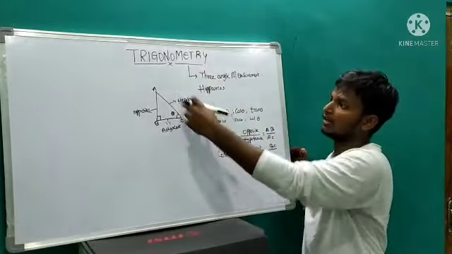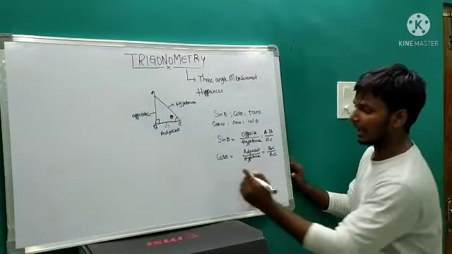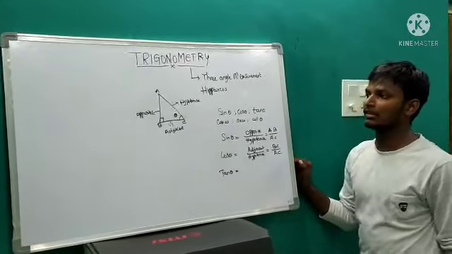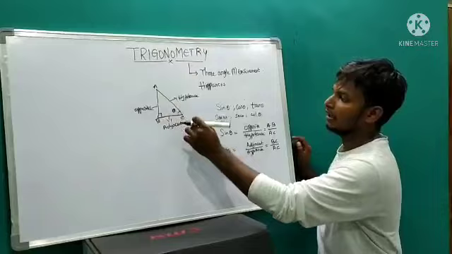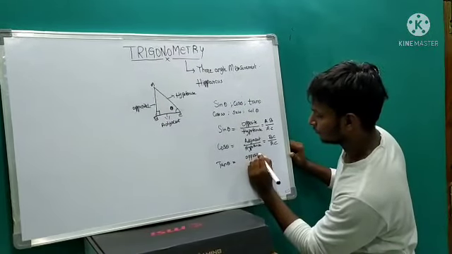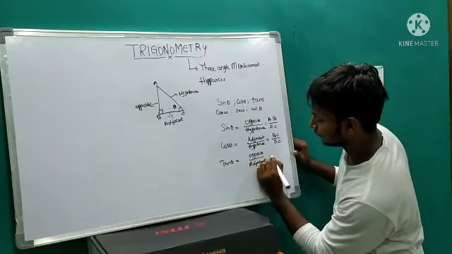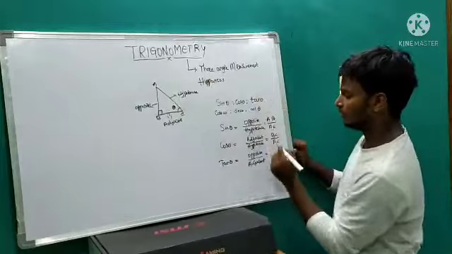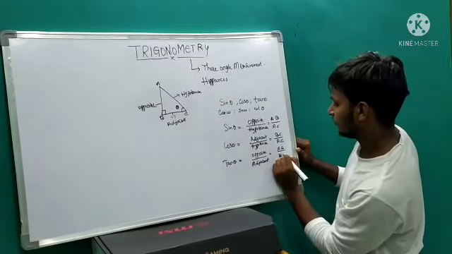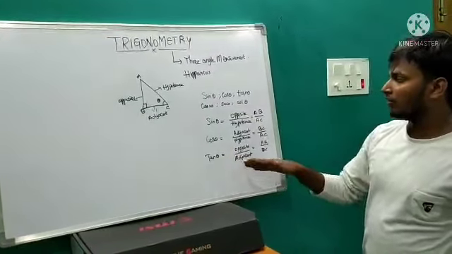Hypotenuse is the larger side, that is AC. Tan theta. Tan theta is nothing but opposite by adjacent. Opposite side means AB and adjacent side BC.